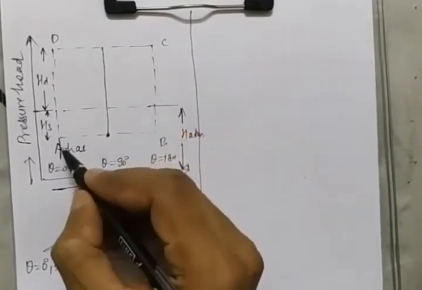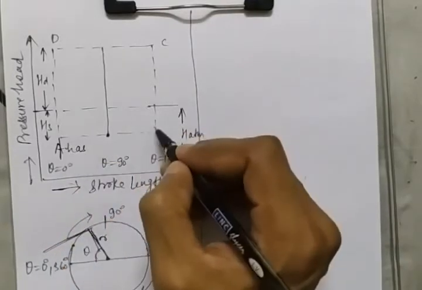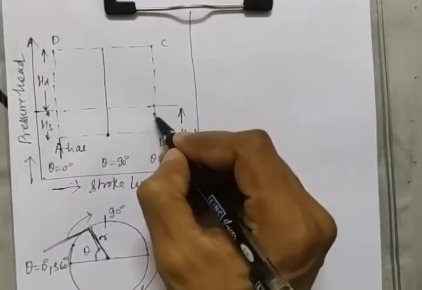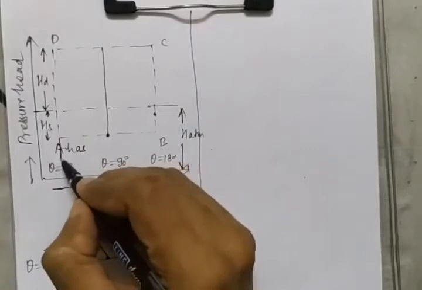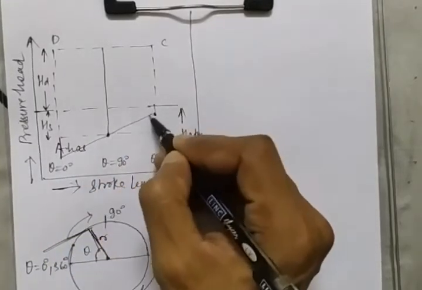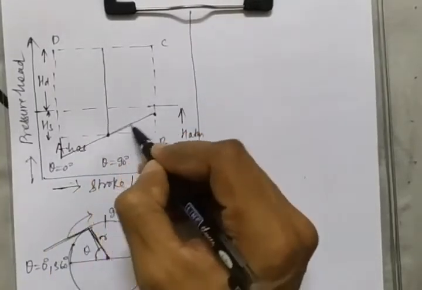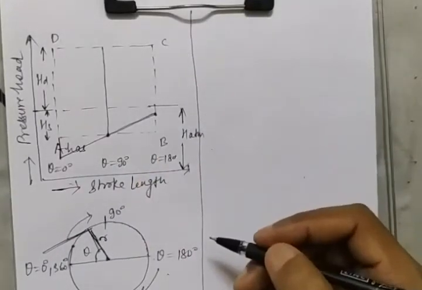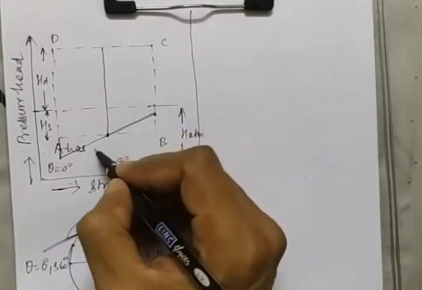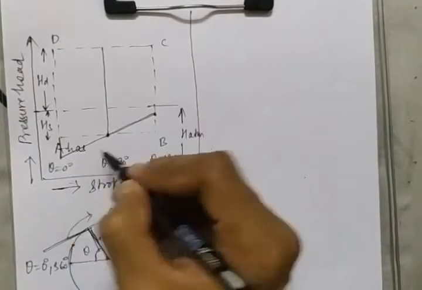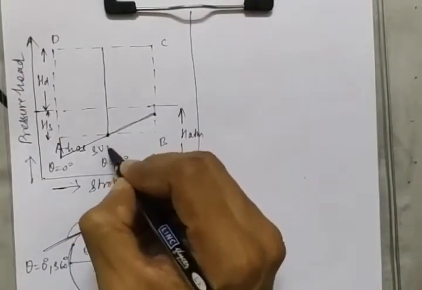So the more it has increased here, the more it will decrease here. So let us consider it here and join these 3 points by a single line. Now guys, this is the plot for the suction.